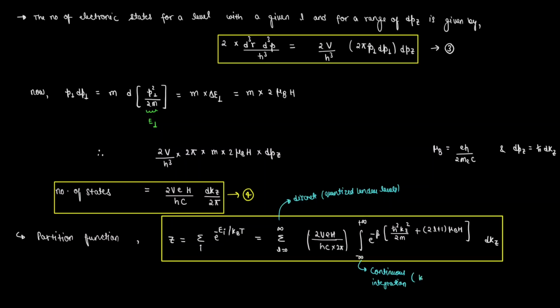This means that in the plane perpendicular to the magnetic field, the energy levels are quantized, while in the z direction the particle is free.